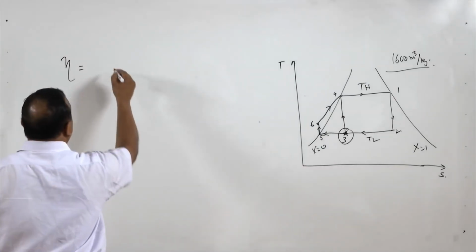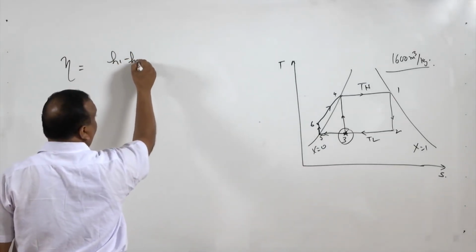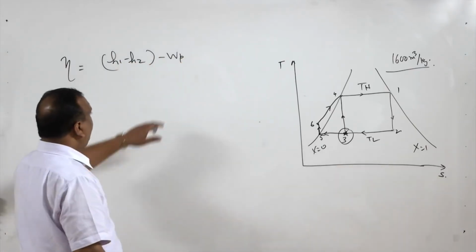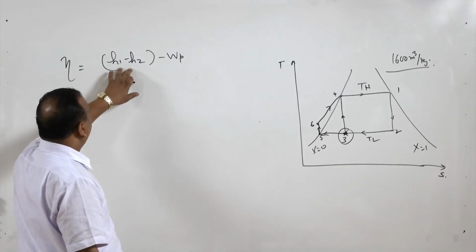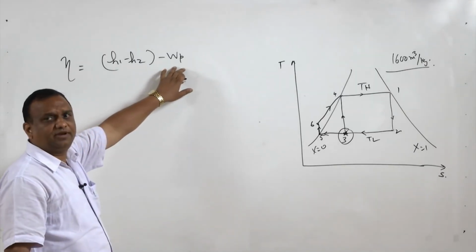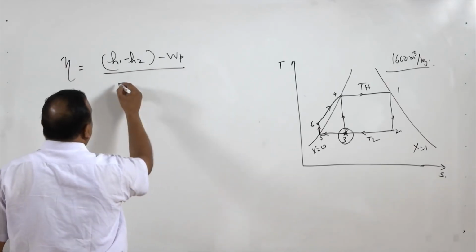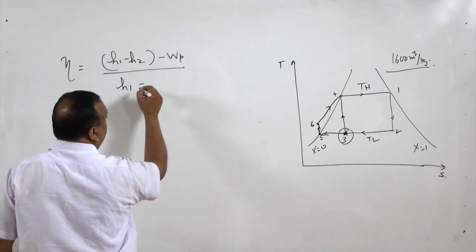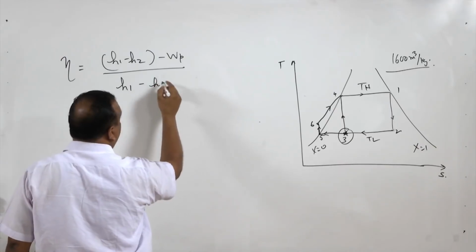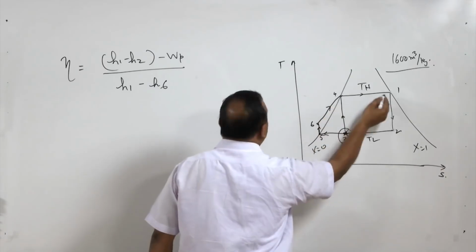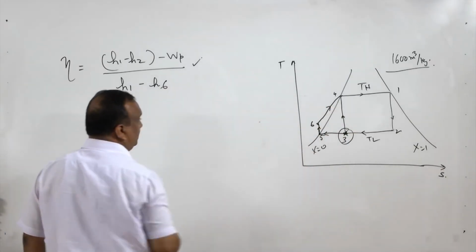So, it is H1 minus H2 minus work consumed by the pump, and often it is insignificant. If you compare this value, it becomes insignificant, and sometimes it is neglected also, divided by heat given. This is H1 minus H6. This is the amount of heat given to the system, and this is the work output of the system.